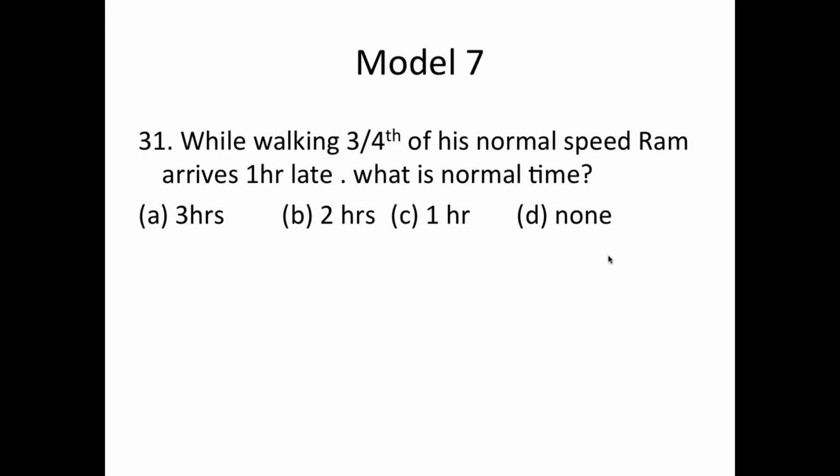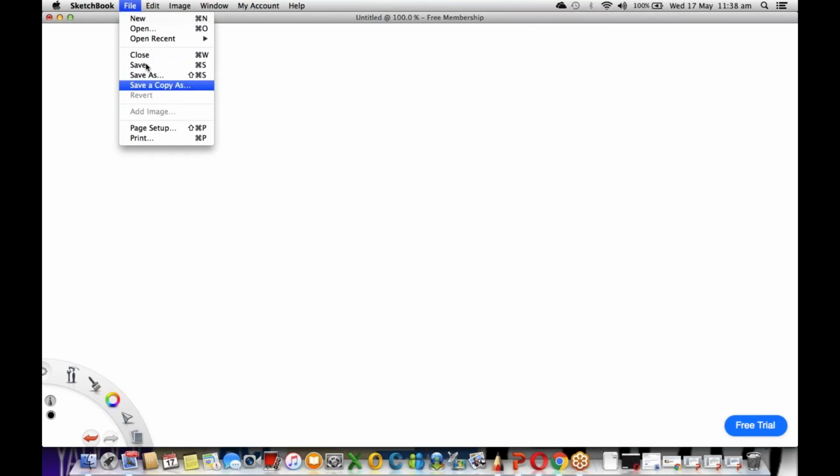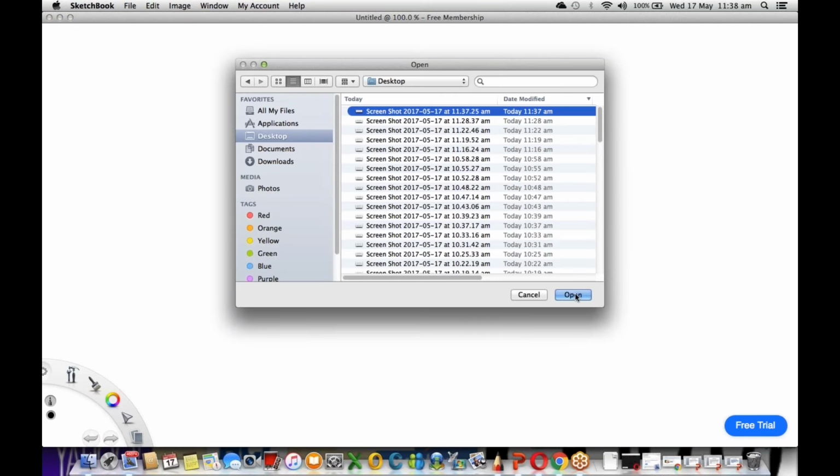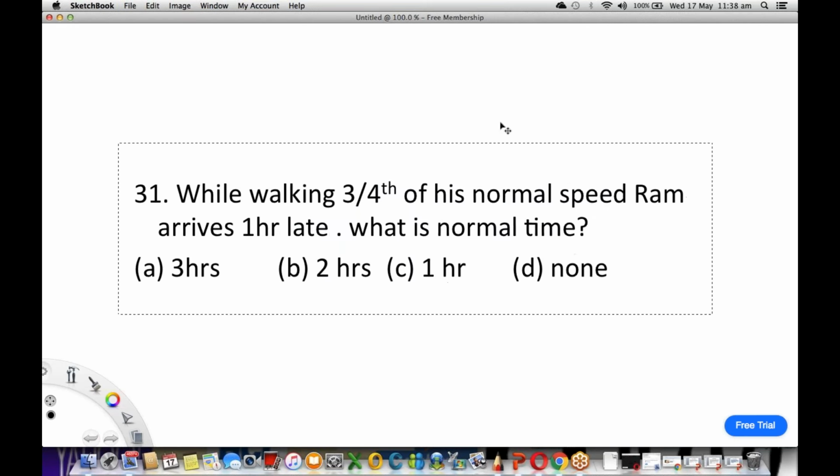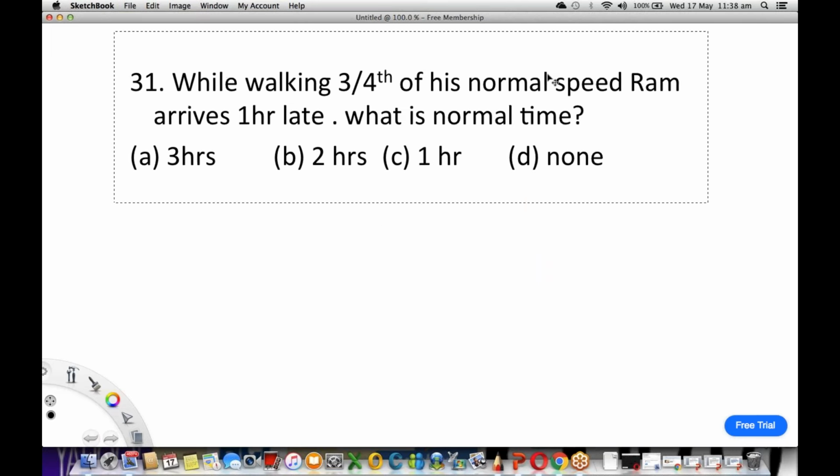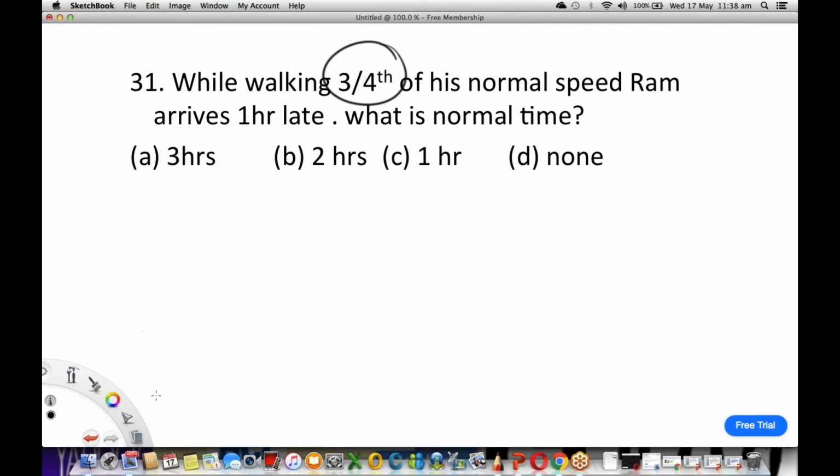Somebody has mentioned the answer as 3 hours. Just look at option D, none of the above. While walking at 3/4 of normal speed, Ram arrives 1 hour late. Then what is the normal time he's asking?